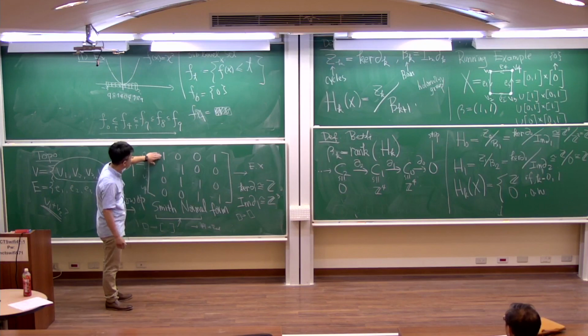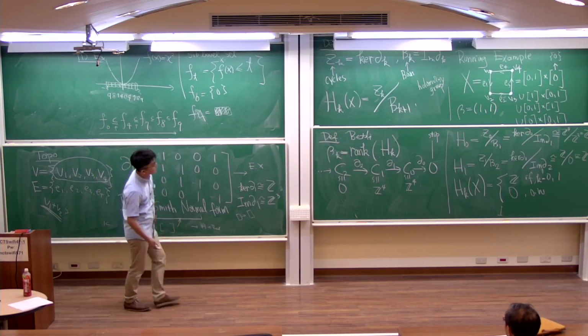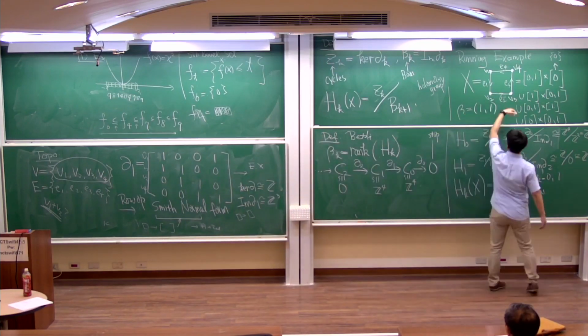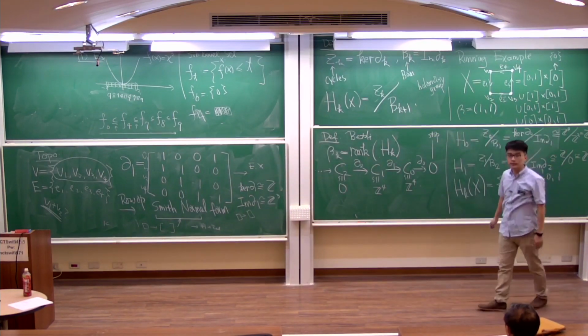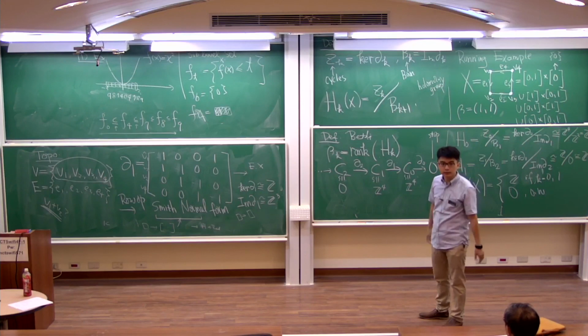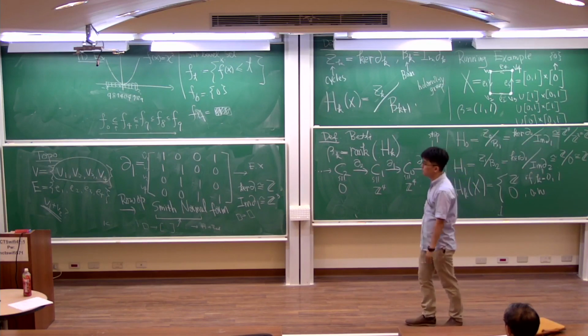If you use the Z2 coefficient, you don't have to worry about orientation. The orientation is dropped, and everything can be done. Here I'm just presenting one way, but certainly you can do this. Everything I present here will be equivalent.